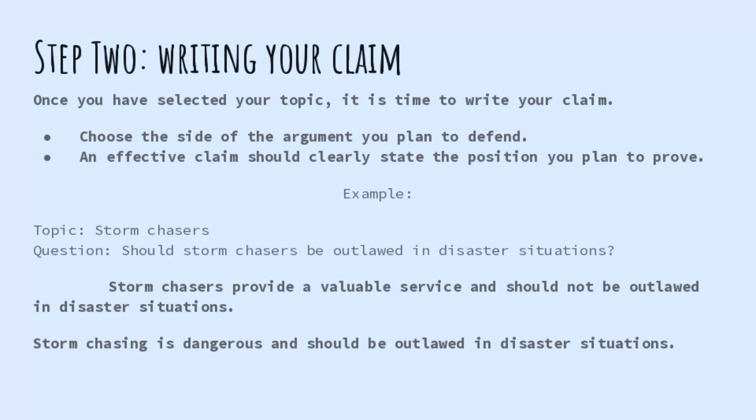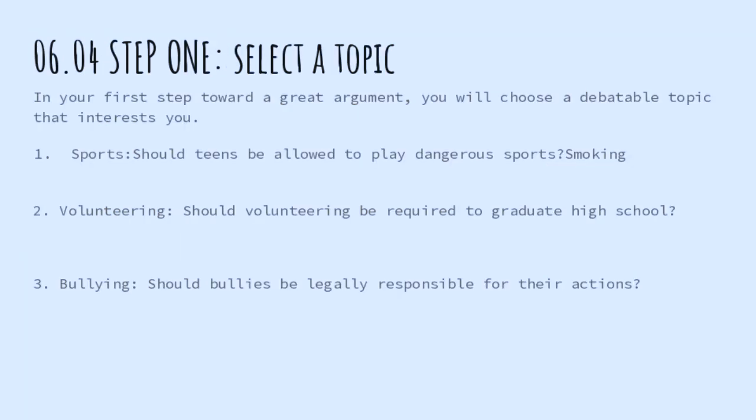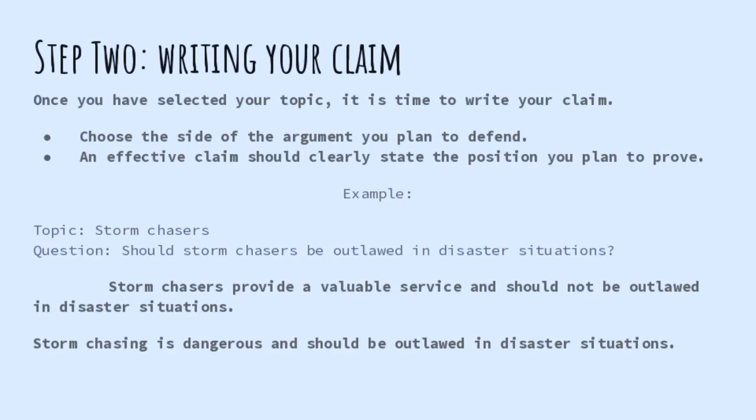So you want to choose one of the topics, and then from the topic, you need to think about what your claim is going to be. And in persuasive writing, in an argumentative, this is your thesis statement. So your claim and your thesis statement are similar. Joel, did you have a question? This is an argumentative essay.